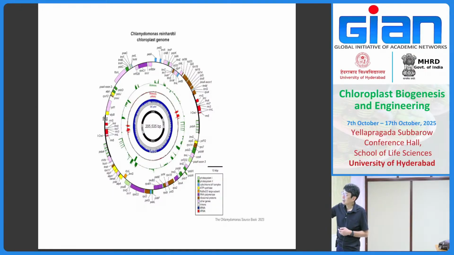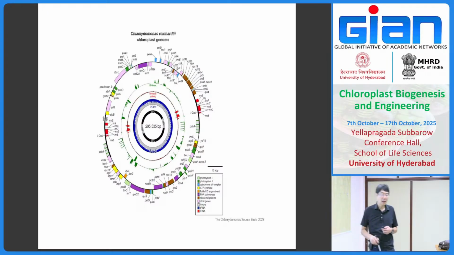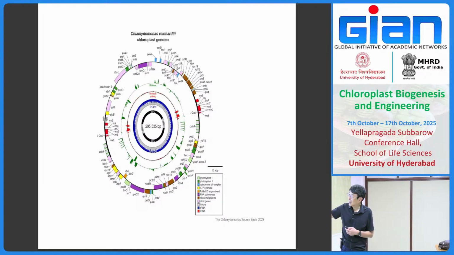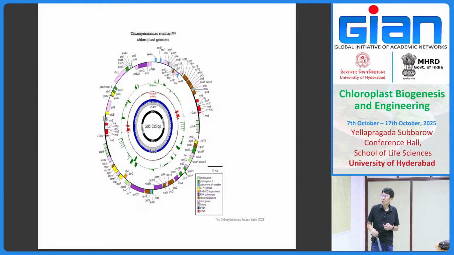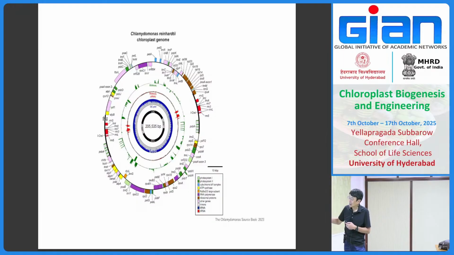The green part is exons, and the gray part is introns. Some chloroplast genes have introns. The light green is photosystem 1 encoded.